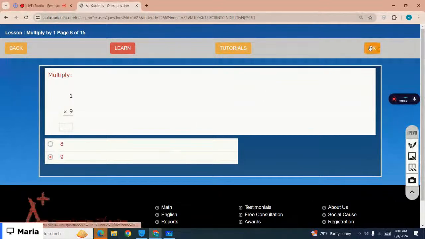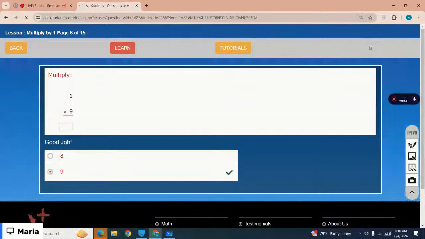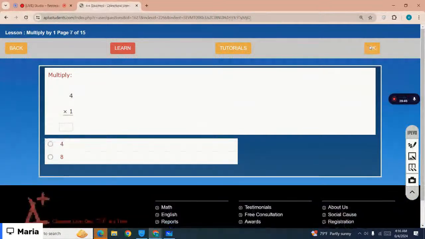The correct option is 9. 4 times 1 is 4. The correct option is 4.